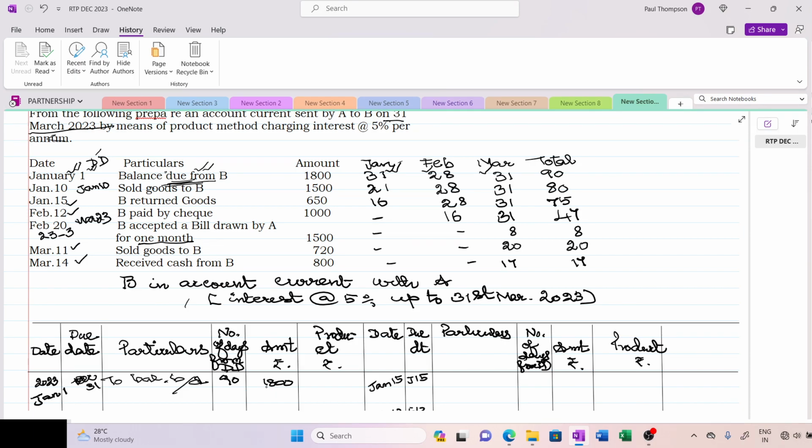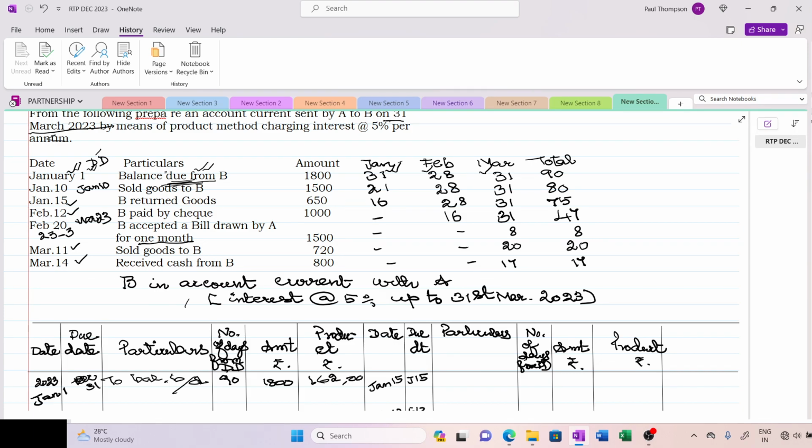Over. So second thing, we will be multiplying the product later, or shall we do it right now? So what we have to do, we have to multiply this 90 into 1800. That will be our product. This will be 1,62,000.